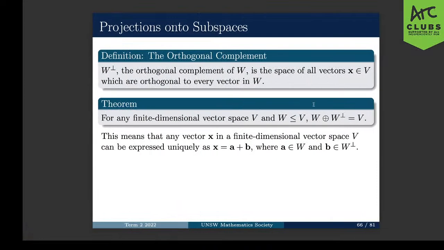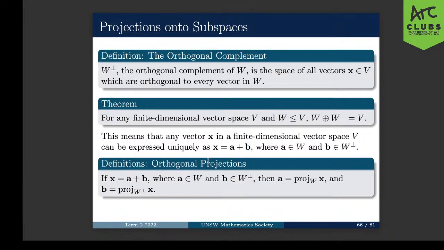And we can only do this uniquely. It's a direct sum. So this means that for any vector x in this finite dimensional vector space, you can express it uniquely as x equals a plus b, where a is from the subspace and b is from its orthogonal complement.